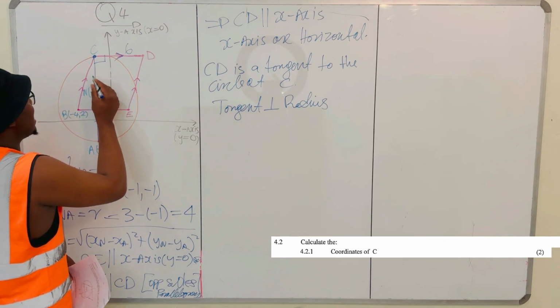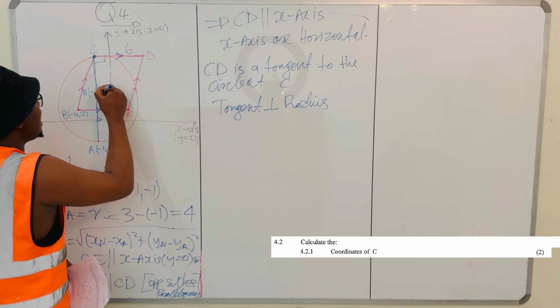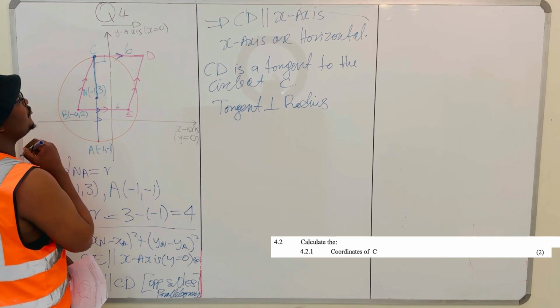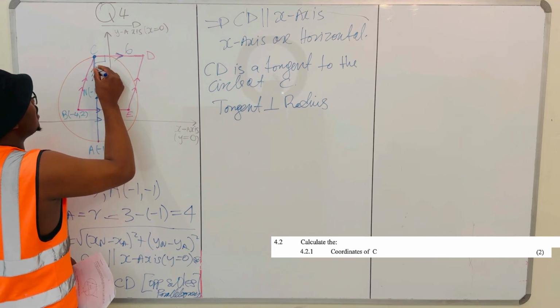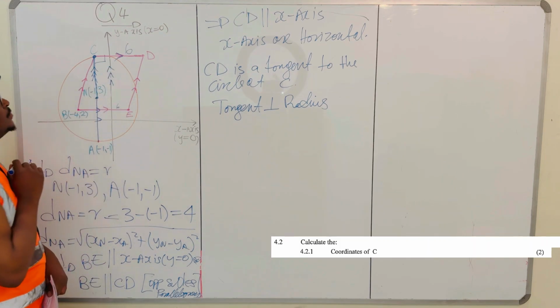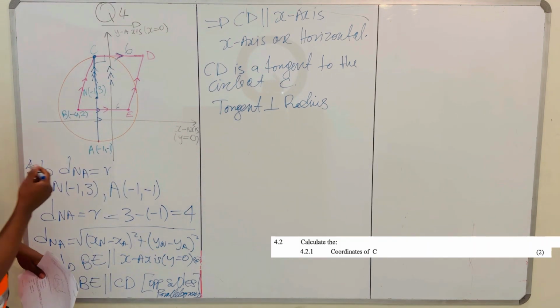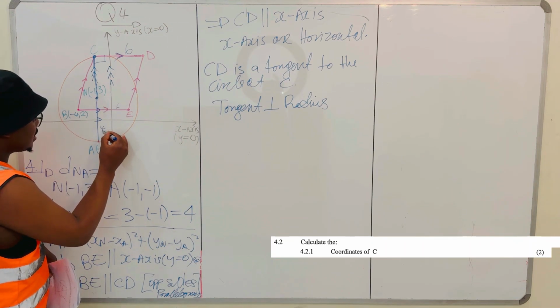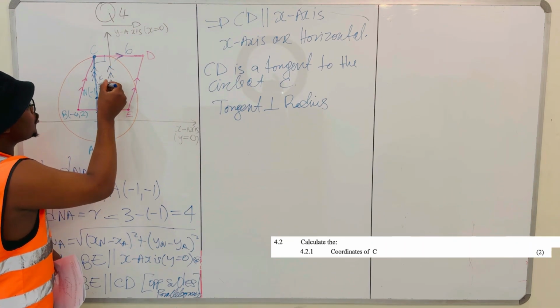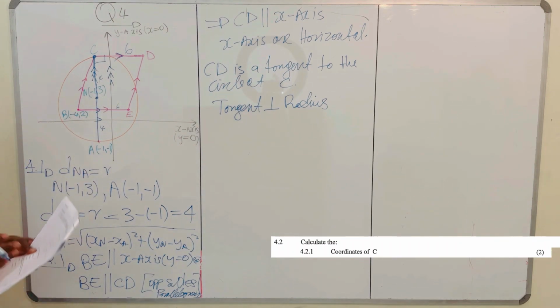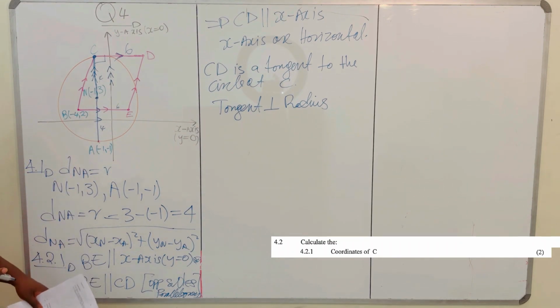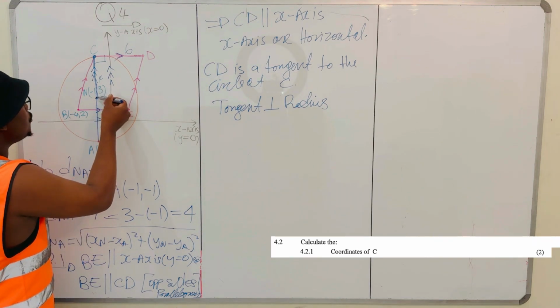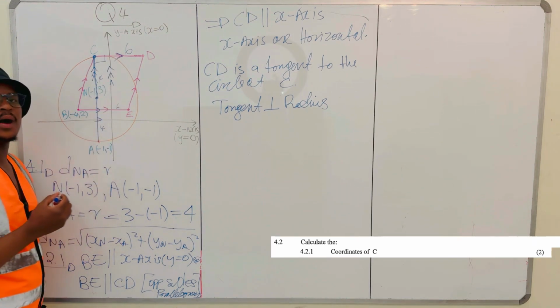So that means this line CN is vertical, which makes it parallel to this line over here. So if from here to here is 4 units, from there to there is also 4 units. So if you want the coordinates of C, you just go 4 units upwards.